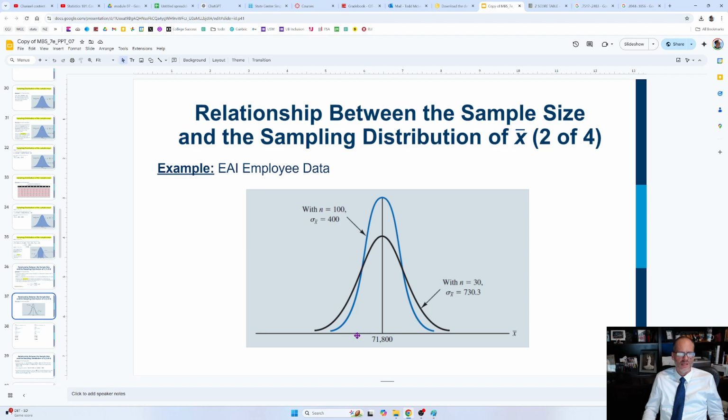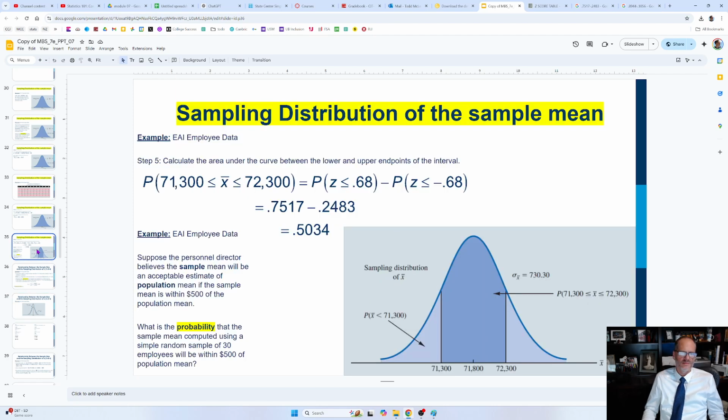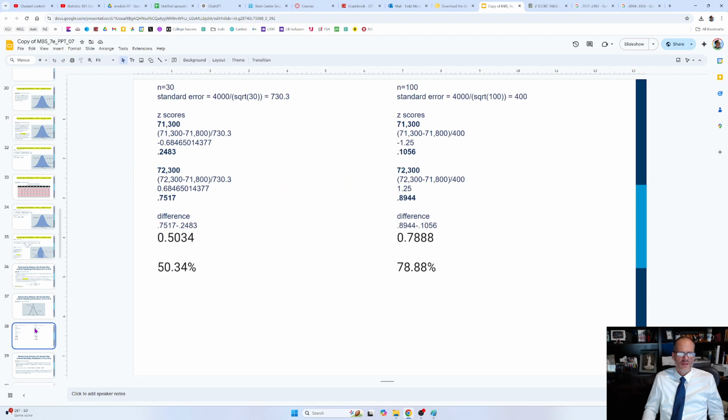So between 71,300 and 72,300, more of the data is being captured. 78% of the data is being captured, so we have to have more within that range, versus here, less of the data is being captured, so more of the data is stretched out to the left and the right. Just thinking it through. So that's how those calculations go, and I think that's pretty good to walk through.